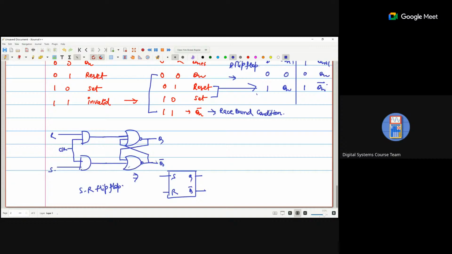Now if we are going to implement with the JK flip flop, what do we do?